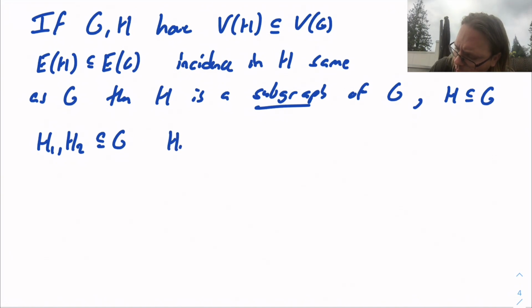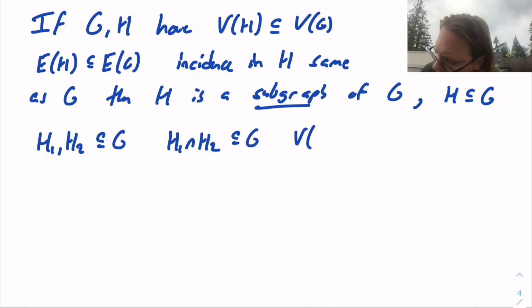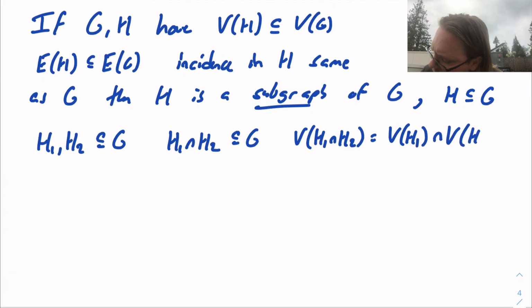H1 ∩ H2 is going to be a new subgraph of G, and this is going to satisfy the rule that the vertex set of H1 ∩ H2 is the intersection of the two vertex sets, and the edge set of H1 ∩ H2 is the intersection of the two edge sets.